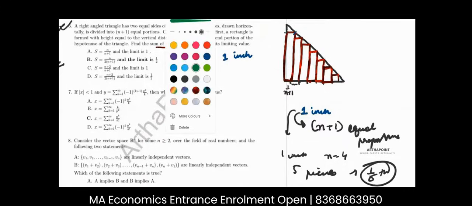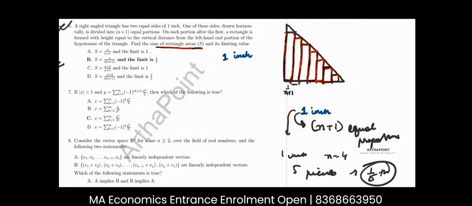Now please see this. This rectangle that I have formulated, I have tried to cut it here, and this is the length of the rectangle. So what is this length is what I want to understand. To understand that, just see that this is an isosceles triangle. So whatever is left here is exactly what will be left here.